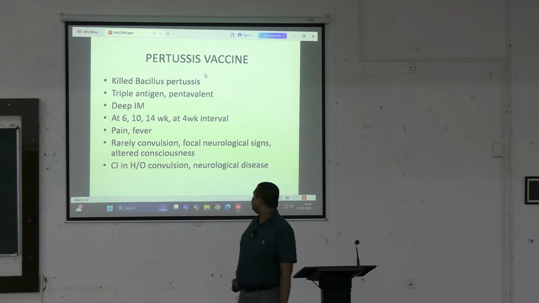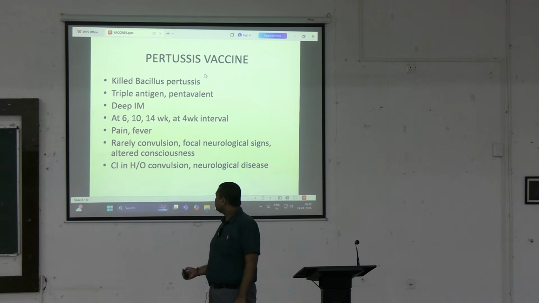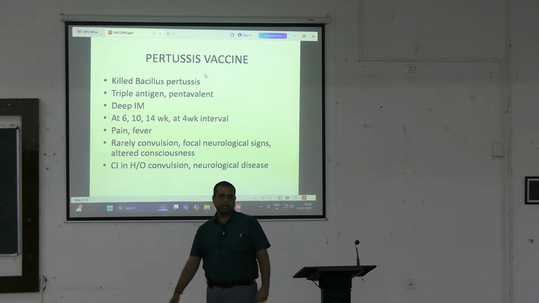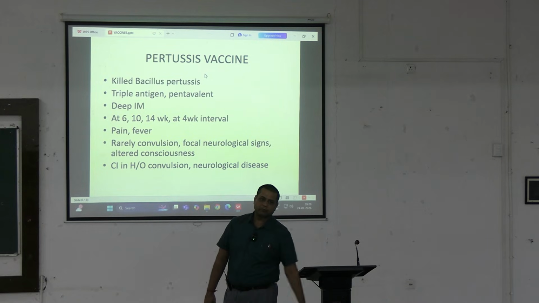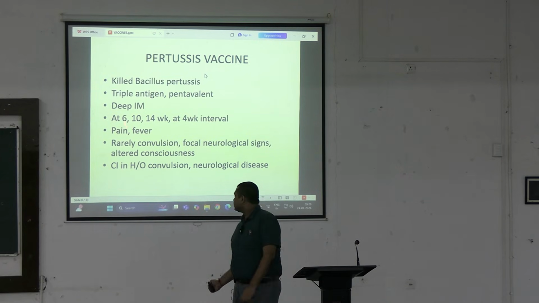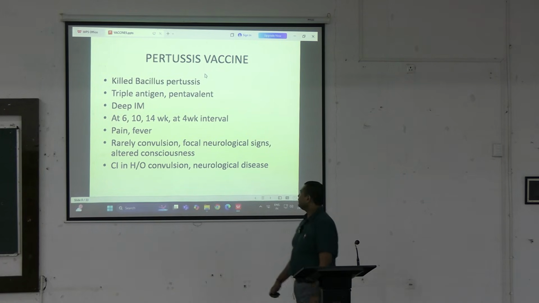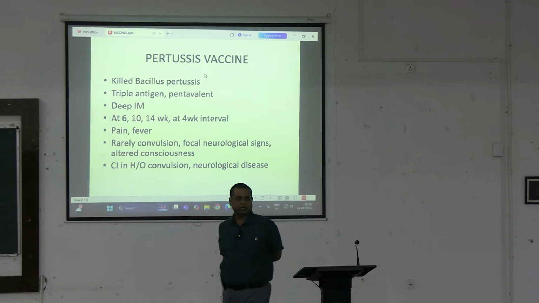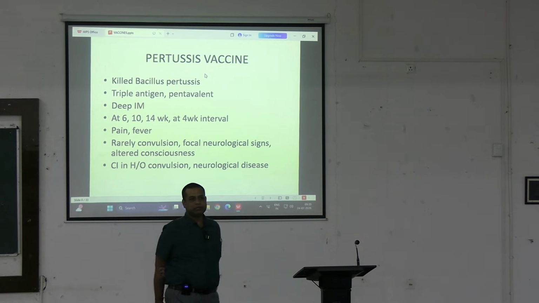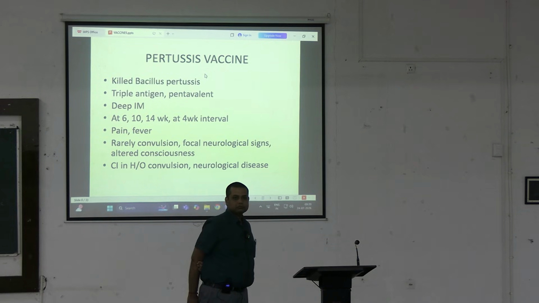It is also a component of pentavalent vaccine. It is given as a deep IM injection, at 6, 10, and 14 weeks, with a 4-week interval. Why is this 4-week interval maintained? Anyone?